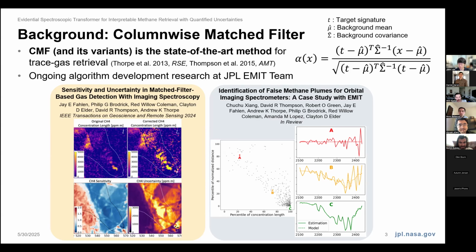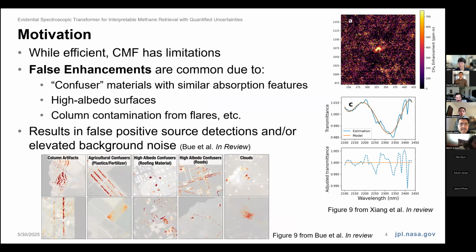And this segues really nicely into my next slide, which is that whereas the CMF is really efficient, well characterized, and well validated, it still has its limitations, right? It's mostly plagued by these so-called false enhancements, which are false positive detections due to various factors. One such factor is confuser materials, right?